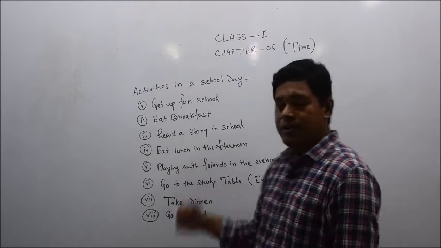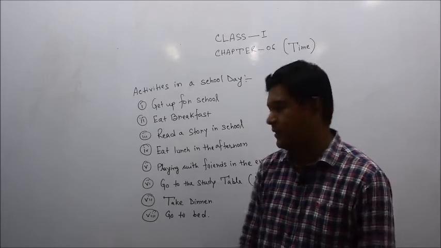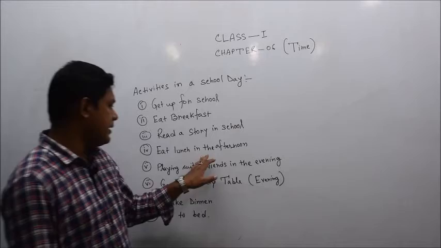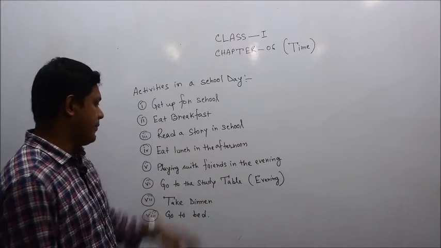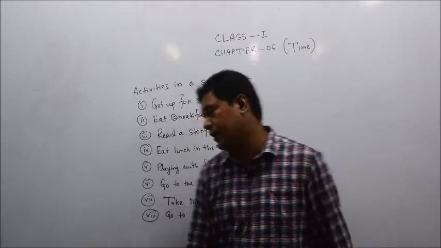After the lunch, another 2 to 3 periods are there, and at the end school is over according to their administration's timing, isn't it? सब स्कूल का एडमिनिस्ट्रेशन का टाइमिंग अलग अलग होता है.